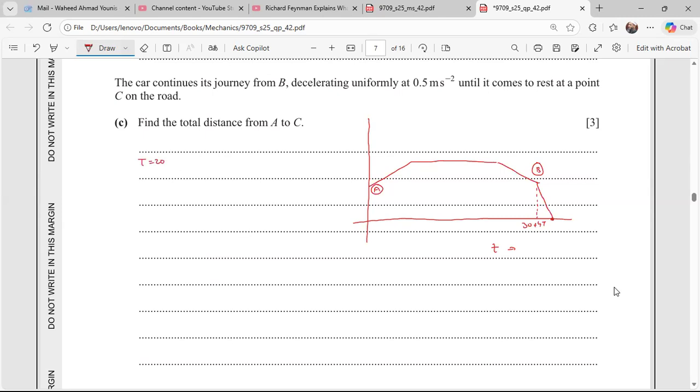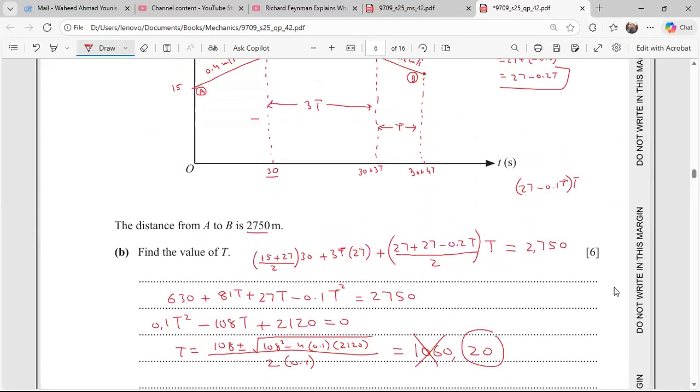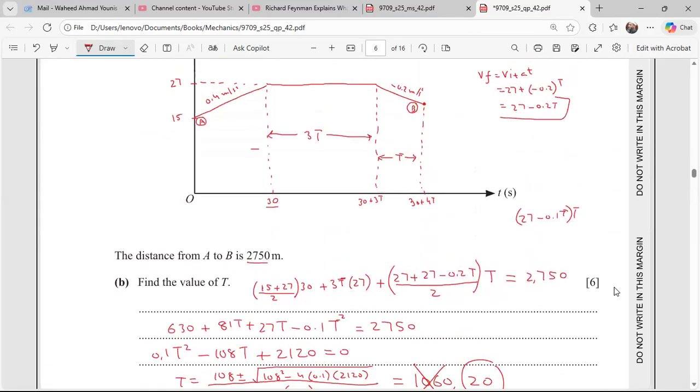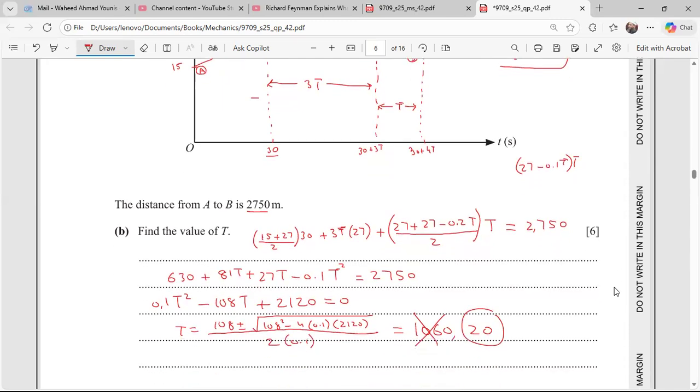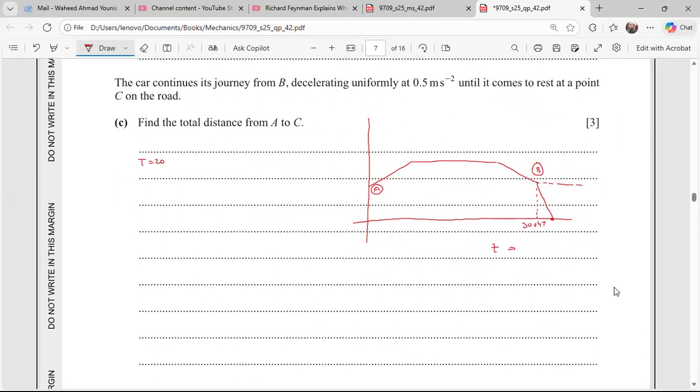So the speed over here, which we calculated as 27 minus 0.2t, with t found as 20, comes up to 23. Okay, so the speed over here was 23.